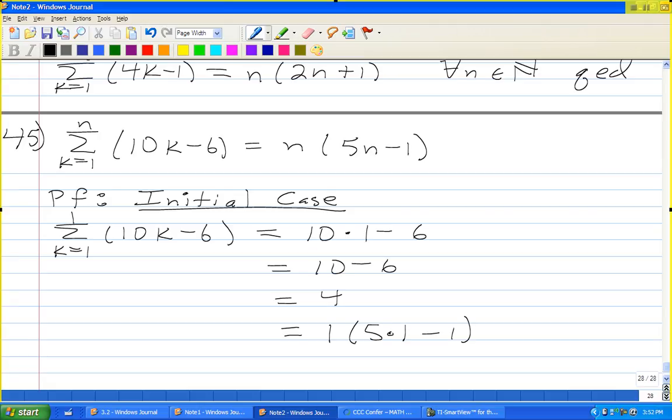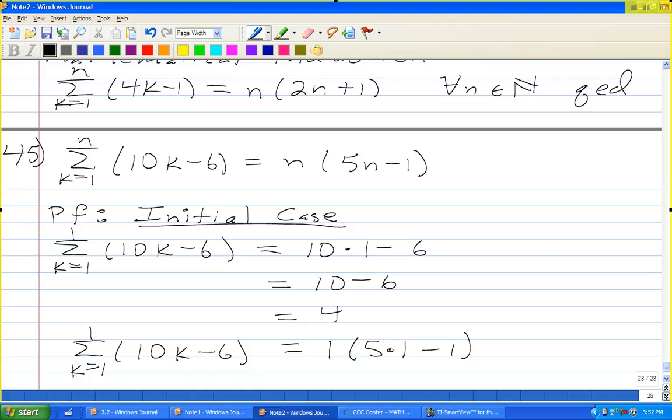And so the sum k equaling 1 to 1 of 10k minus 6 satisfies the formula. So if I replace n here by 1, the formula worked.